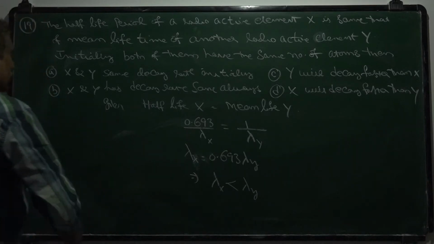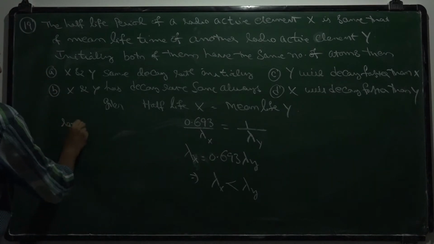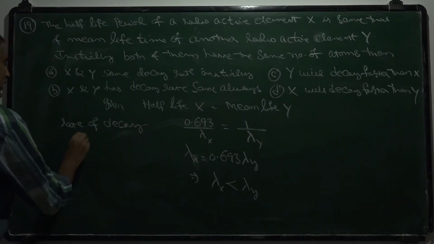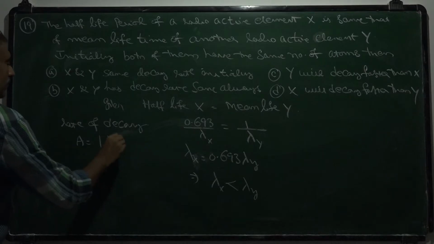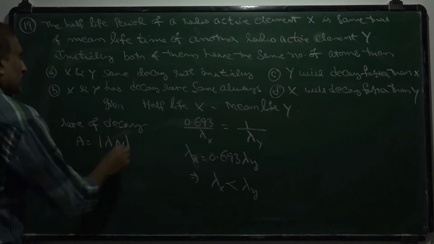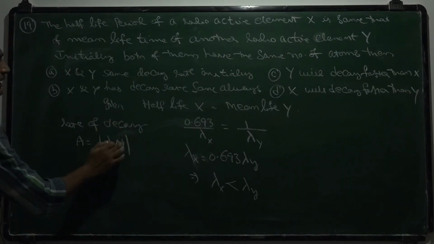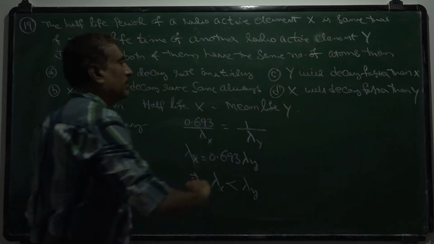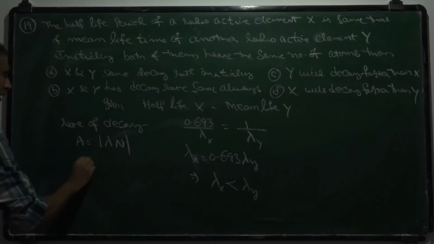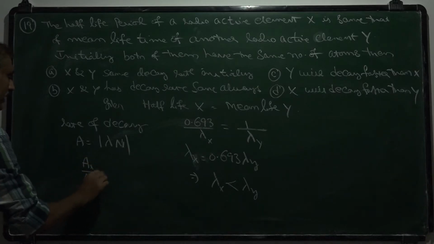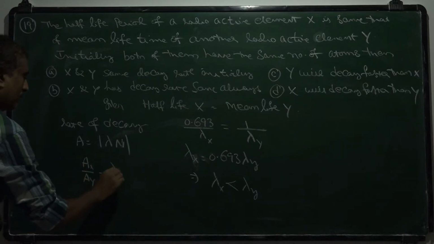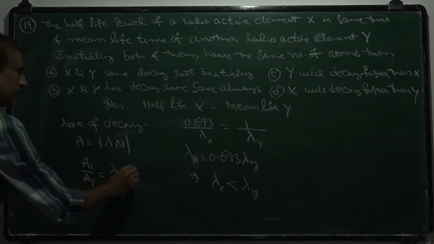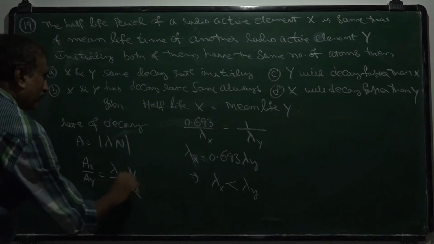Now the rate of decay is called activity, that is lambda n. As given, n is also the same, since initially both of them have the same number of atoms. So the activity Ax by Ay we can write as lambda x by lambda y, as n is the same and cancels out.